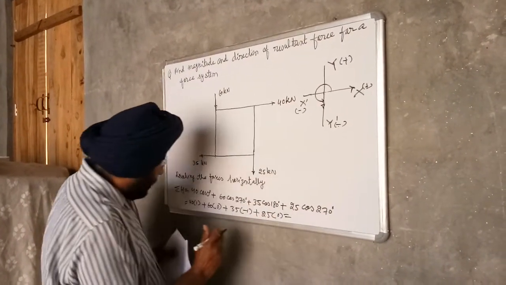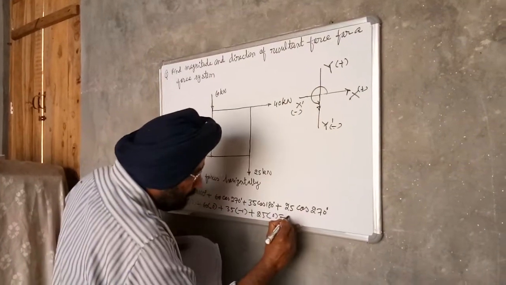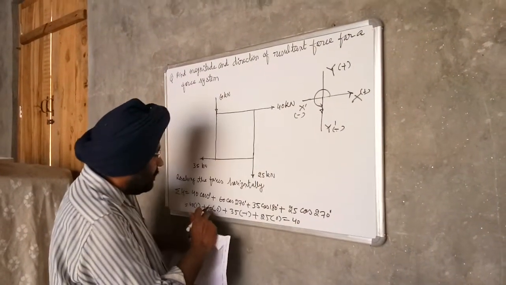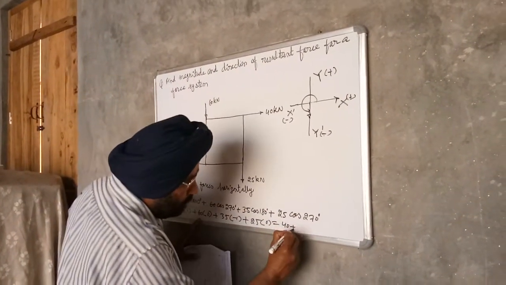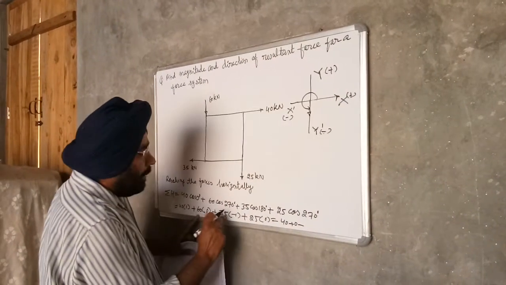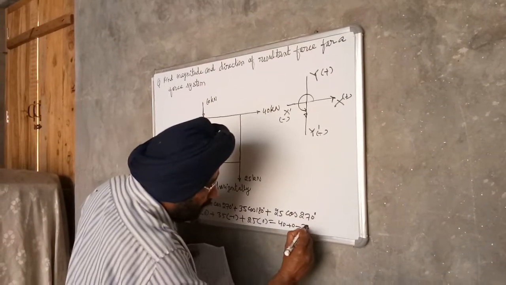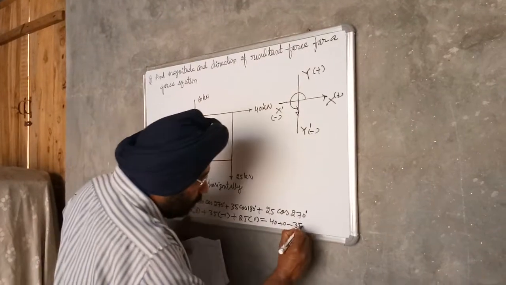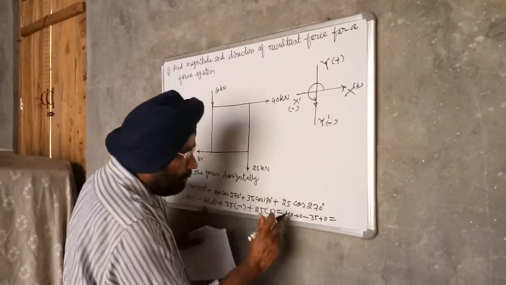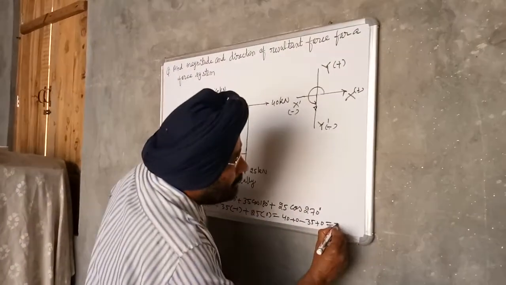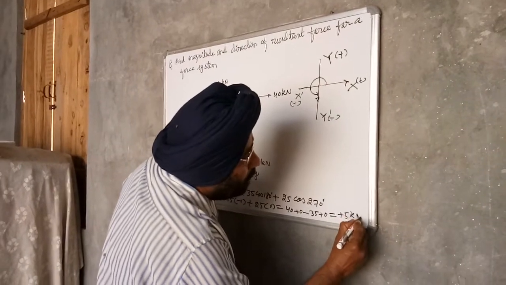So this is 40 plus 0, 35 times minus 1, this is 35, plus 0. So this is 40 minus 35, plus 5 kilonewton.